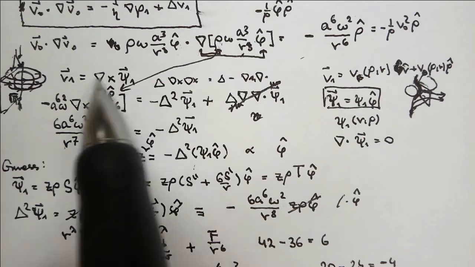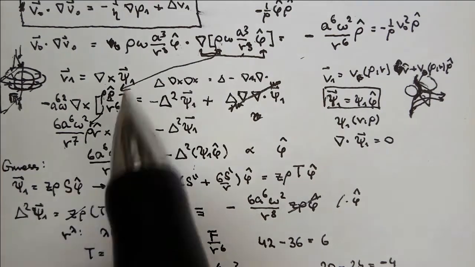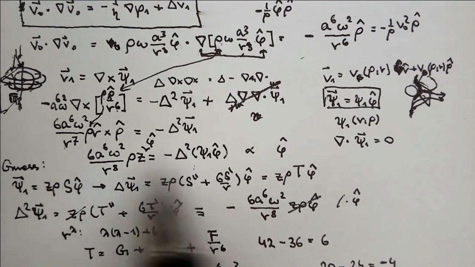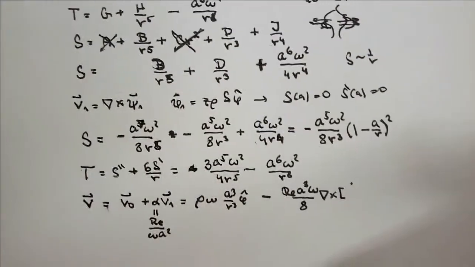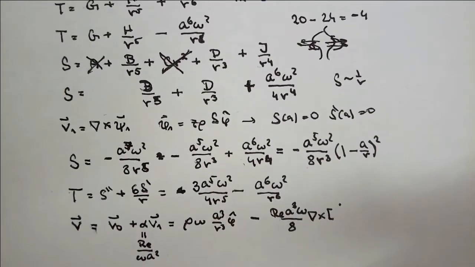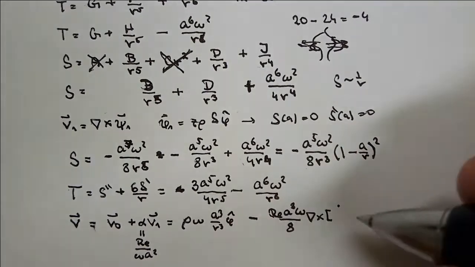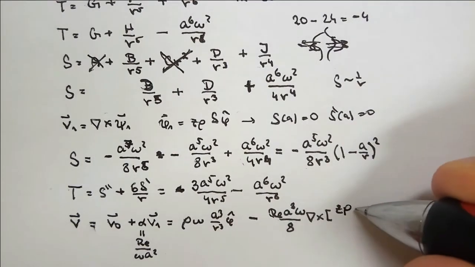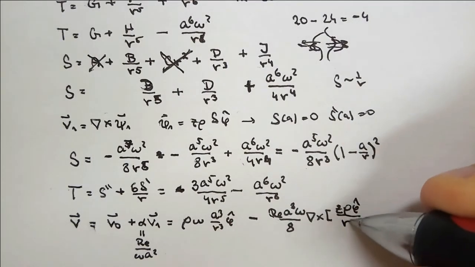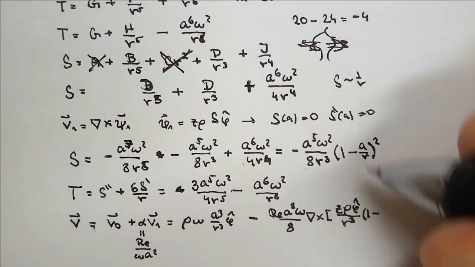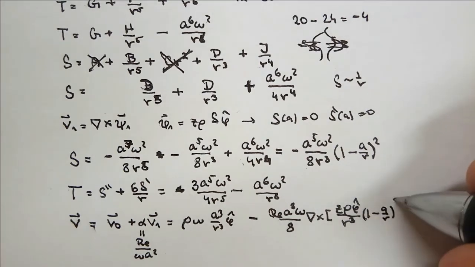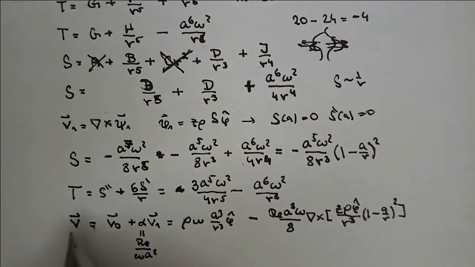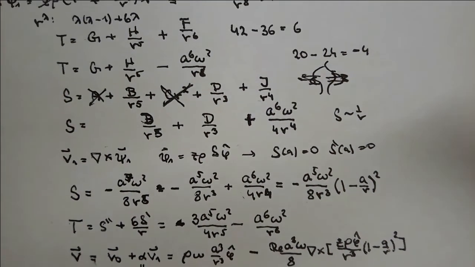So this should be the curl of psi1, and psi1 vector field is this. This is rho zs times phi vector hat. So this should be z rho phi vector hat divided by r cubed times 1 minus a over r squared, and this is going to be the solution for the velocity vector field.